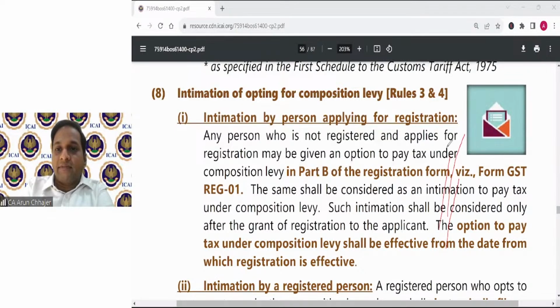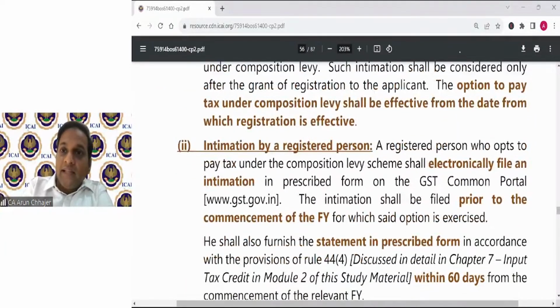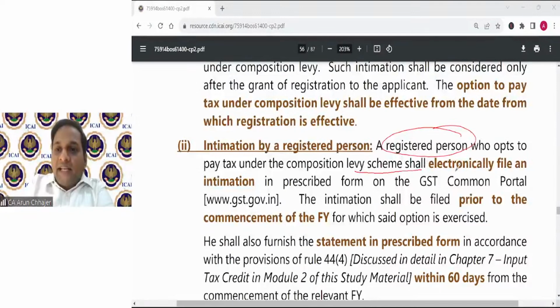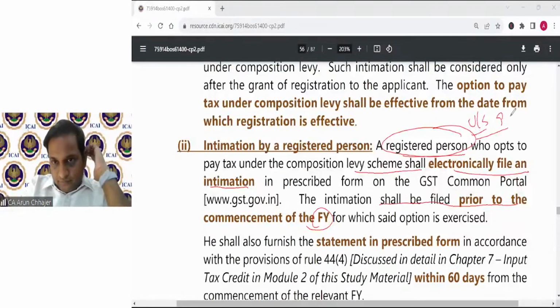Now they are saying, second, we are reading Rule 3 and Rule 4. They are saying, if a registered person who opts to pay the tax under composition shall electronically file an intimation in the prescribed form, the intimation shall be filed prior to the commencement of the financial year. What is that? Suppose currently I am a registered person under the regular category, like under section 9.